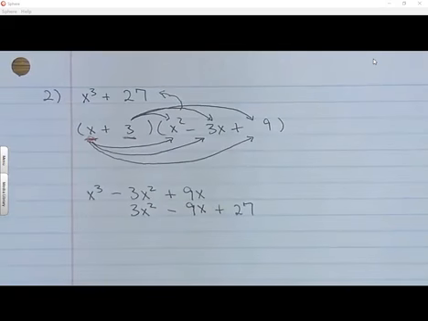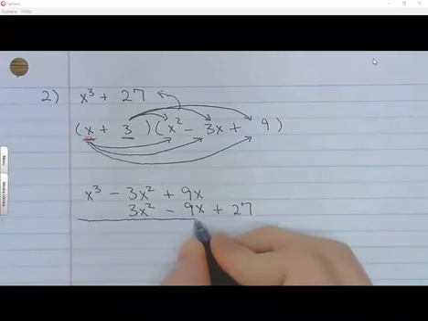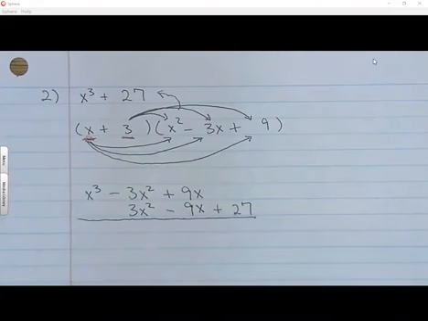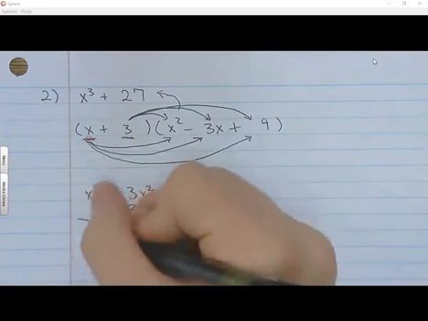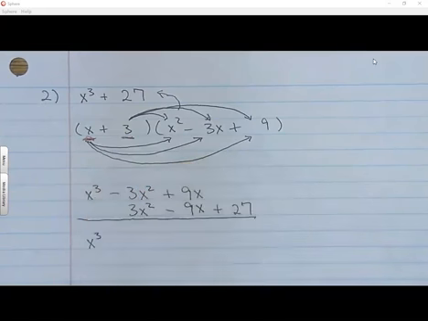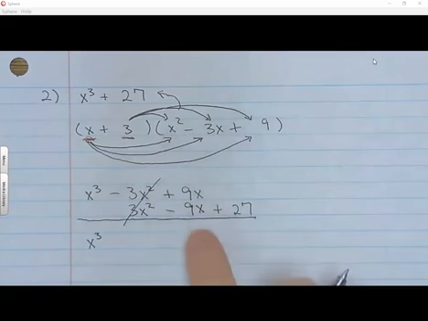Okay, now let's add up. So when I add the two rows, what happens? A lot of stuff is going to start canceling out, right? Now the x cubed, we're not adding anything to that, so I just bring it down. The negative 3x squared and the positive 3x squared cancel out. The 9x and the negative 9x cancel out.